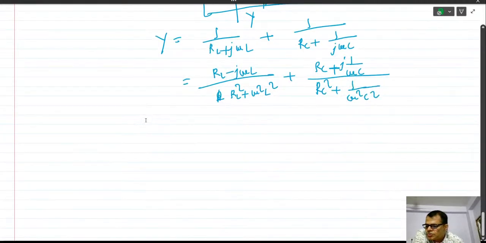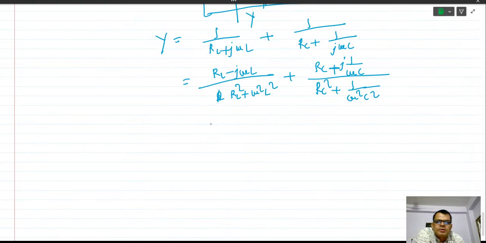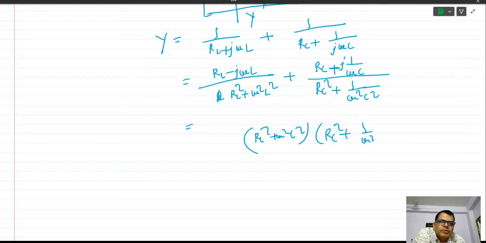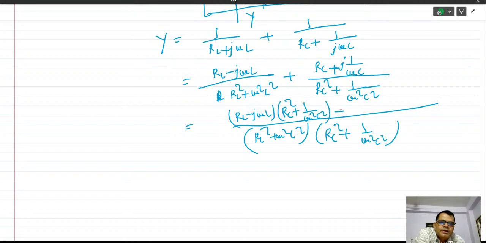When you do the cross multiplication and simplify, RL square plus omega square L square into RC square plus 1 upon omega square C square, then (RL minus j omega L) into (RC square plus 1 upon omega square C square) plus (RC plus j upon omega C) into (RL square plus omega square L square).